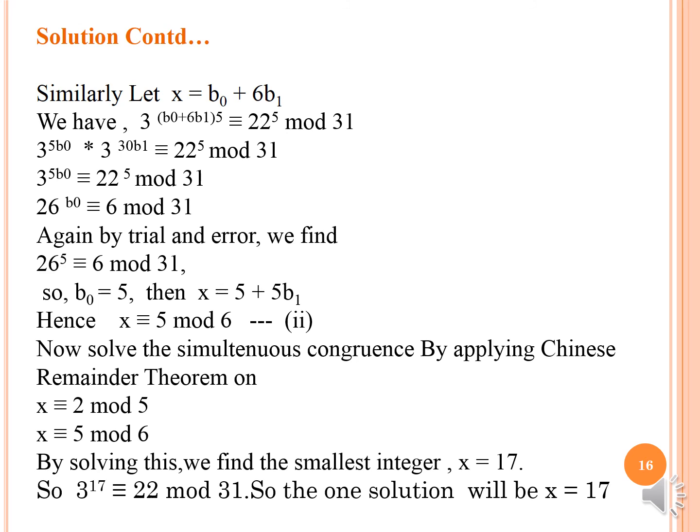So it is not the only solution. We have an infinite number of values of x. So in cryptography, it is very difficult to find a unique value of x. This is not the only way we can solve this problem. We can divide 30 into 2 times 3 times 5.